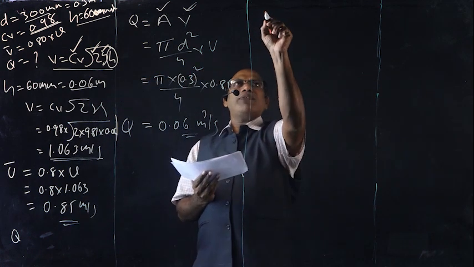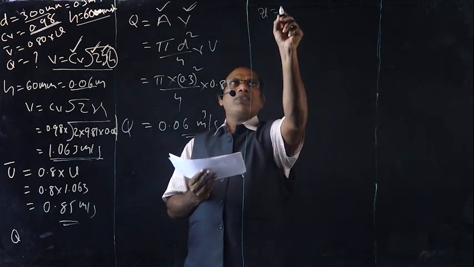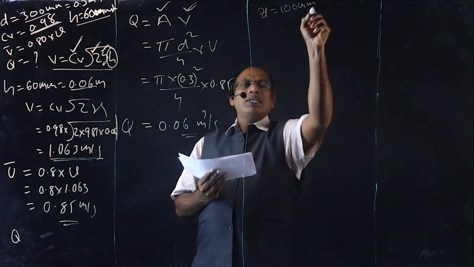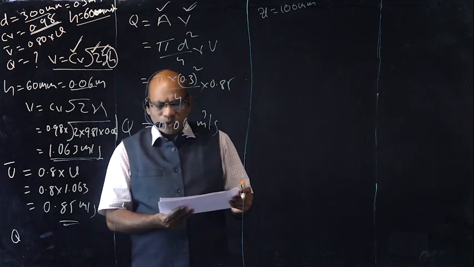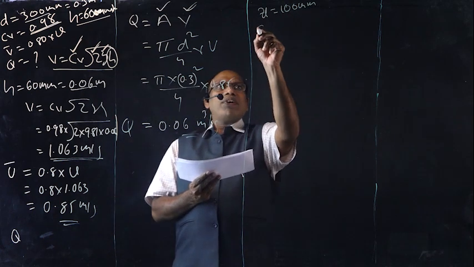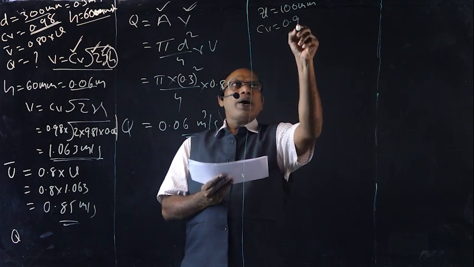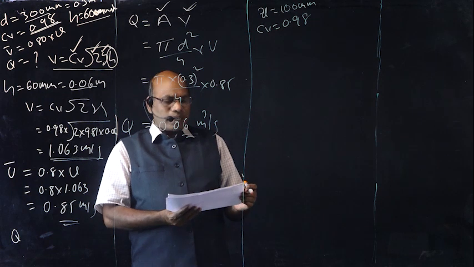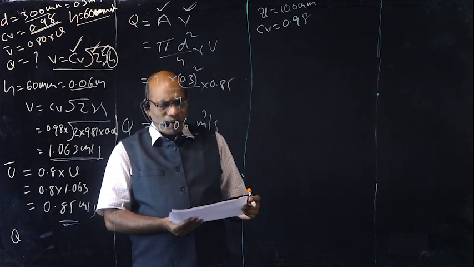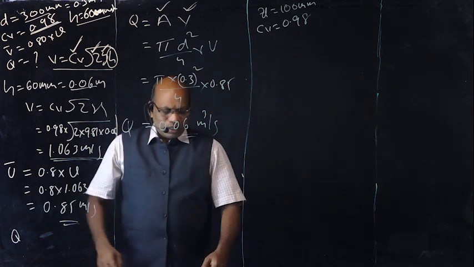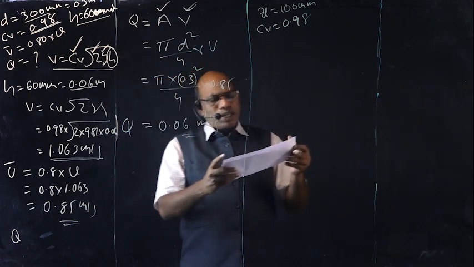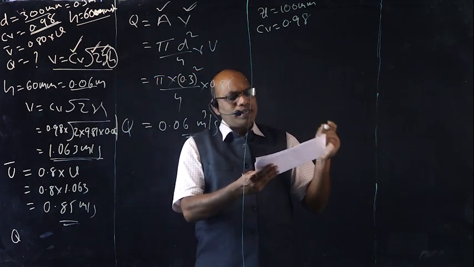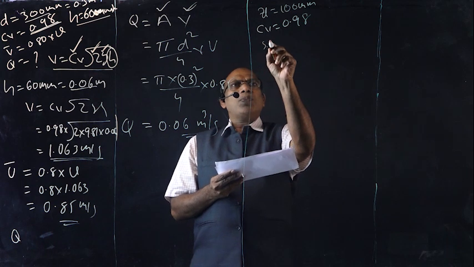Difference of mercury level, that is X, is equal to 100 mm. Take the coefficient of pitot tube Cv equal to 0.98. This is the given data, and the specific gravity of the oil is given, that is 0.8.